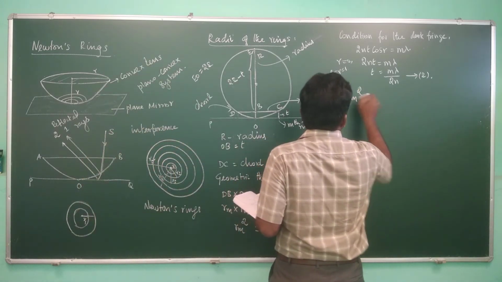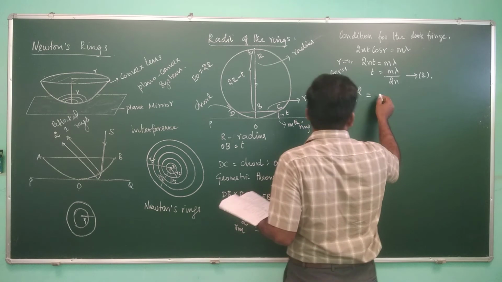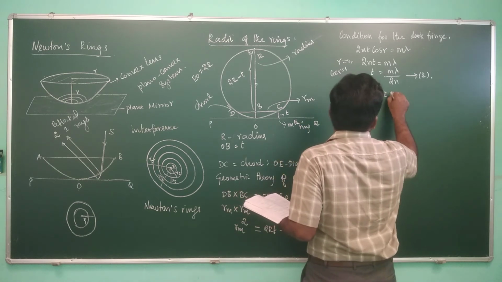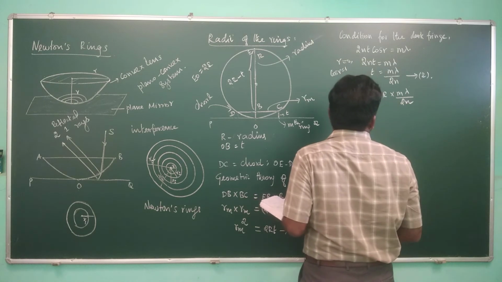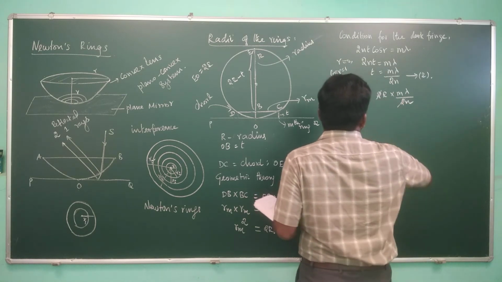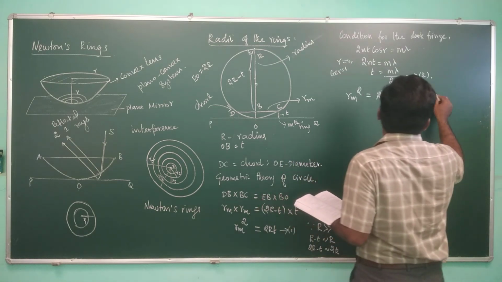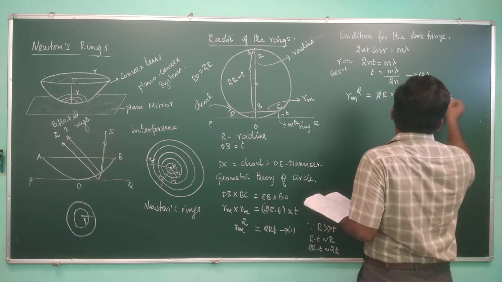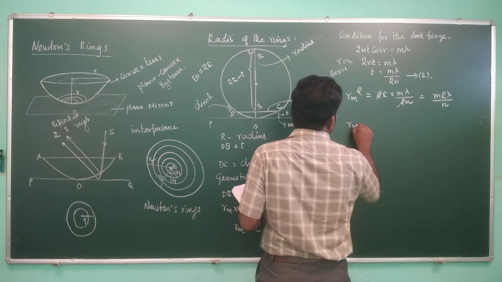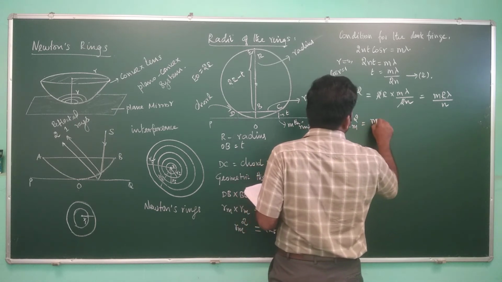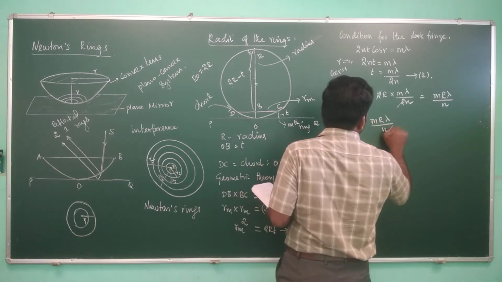Substitute that expression for t into equation number 1, we will get Rm square equal to 2R multiplied by m lambda by 2n. So this 2 and this 2 will cancel out each other, so we will have m R lambda by n. So the Rm square is equal to m R lambda by n.